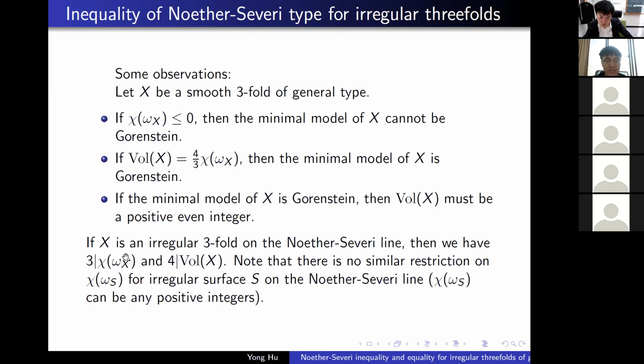In fact, we have examples for chi omega X being 3, 6, 9, and so on. For any n larger than or equal to 1, we have an irregular threefold such that chi omega X is equal to 3n, and the canonical volume is equal to 4n.